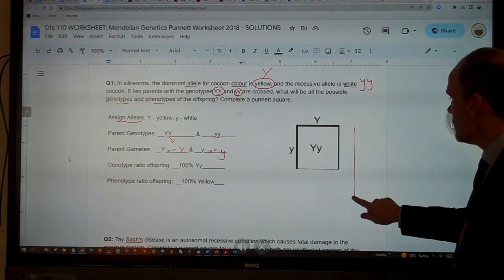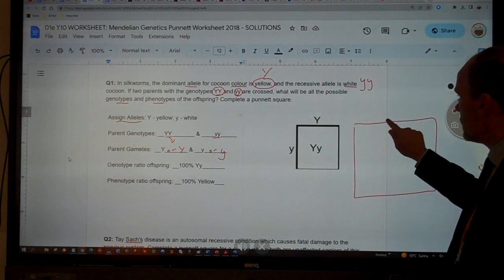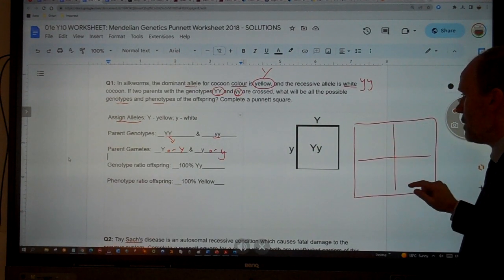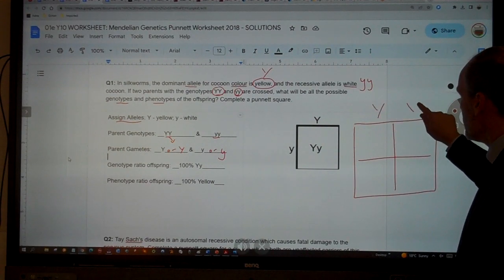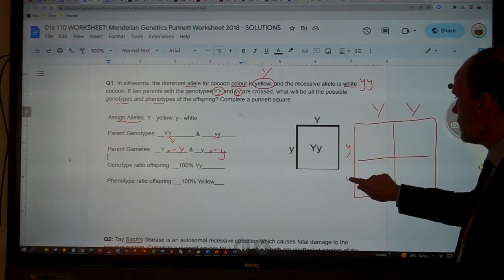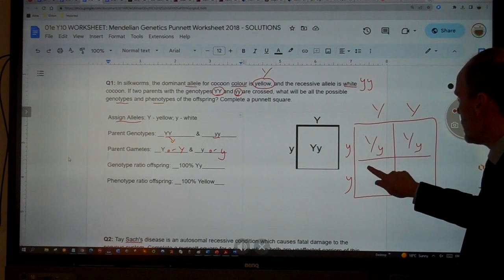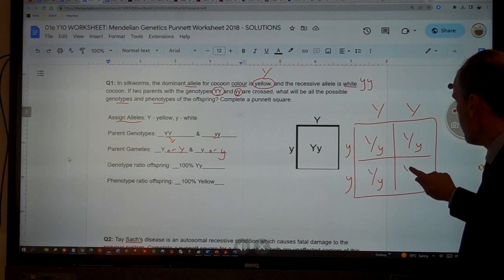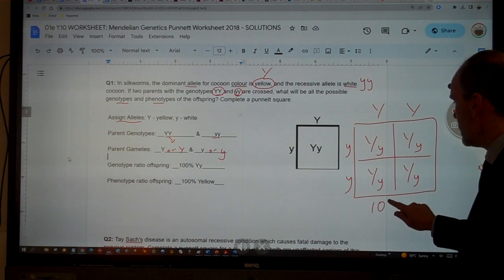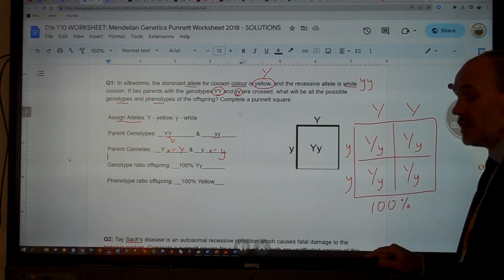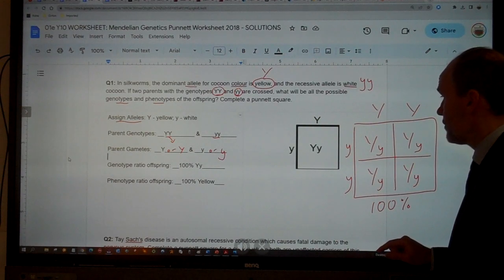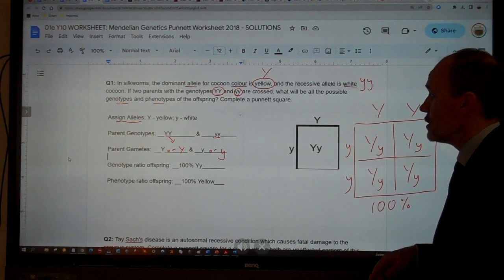Nothing to stop you from doing the full Punnett square. Don't lose any marks. Big Y, little y, and you fill that in, and you come to the same conclusion, that 100% of the offspring will be heterozygotes, meaning one of each allele.